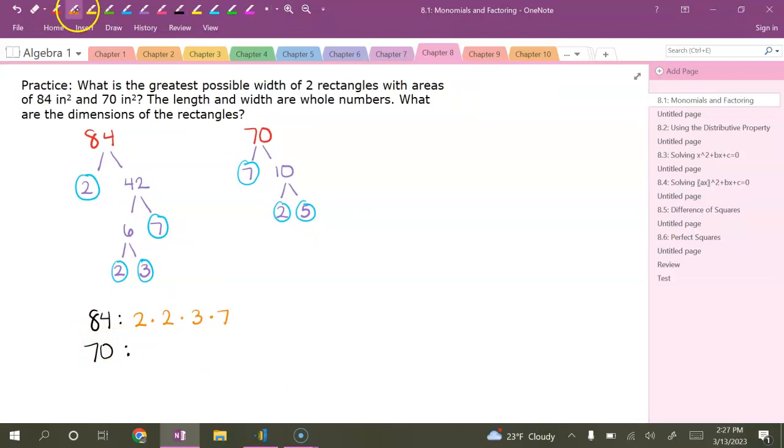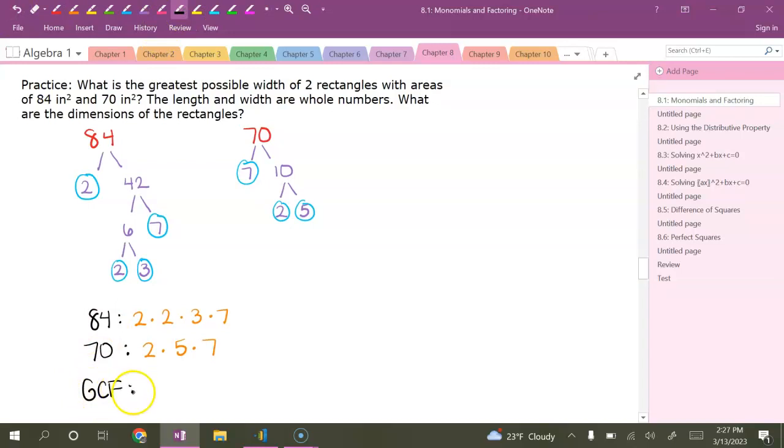So for 70, I write that out as 2 times 5 times 7. So to find my GCF, I look to see what they have in common, which they share a 2 and they share a 7. So your GCF would be 14.